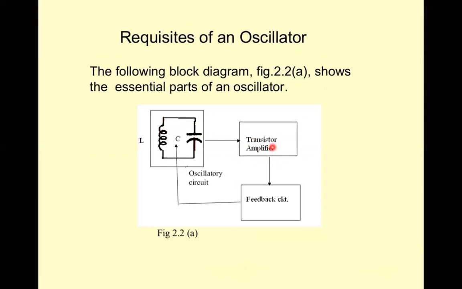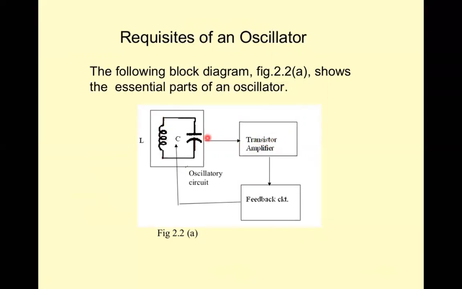That source of energy is the combination of battery and the transistor working as an amplifier. So here, when we say an amplifier, we take an AC source as well as the battery, because for the negative half cycle of the AC source, for proper biasing, we take a battery over here.